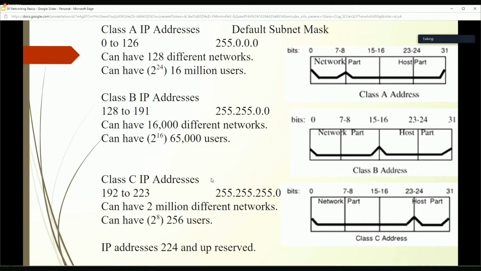Now, here's the thing. We've got public addresses, and then we've also got private addresses. And if you think about these number of users and small networks, it'd be easy to think, well, wait a minute, if I'm going to have to think about across the entire internet, this could be a problem.